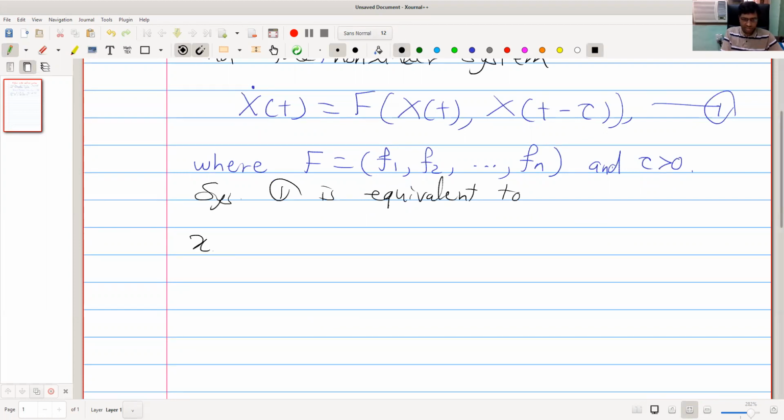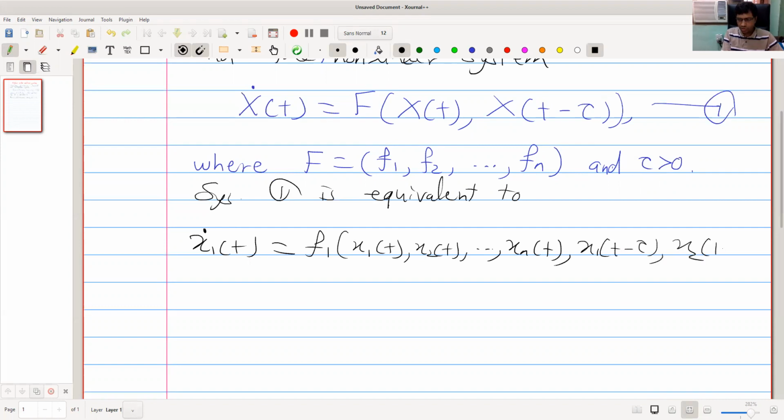So the first equation is x1 dot of t equal to f1, the first component of capital F, of capital X, that is x1 of t, x2 of t, and so on xn of t, then capital X of t minus tau, that is x1 of t minus tau, x2 of t minus tau, and so on xn of t minus tau.